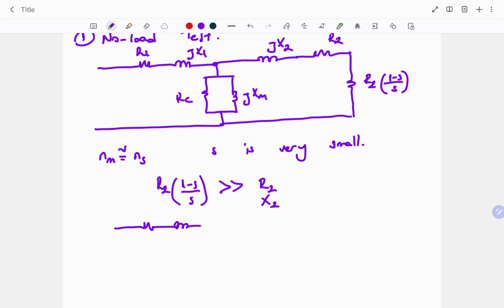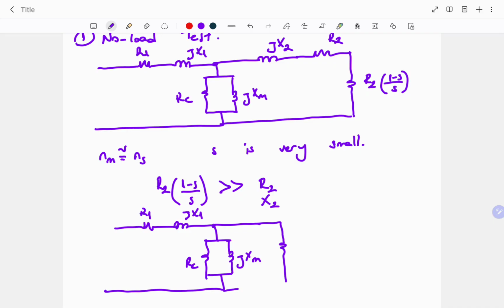According to the relation between the components during this operation, we can draw the circuit to be able to make an analysis of the no load test: R1, X1, RC and XM, and for the right side, only R2 (1 minus S over S). The input voltage will be the phase voltage because we have the per phase equivalent circuit.